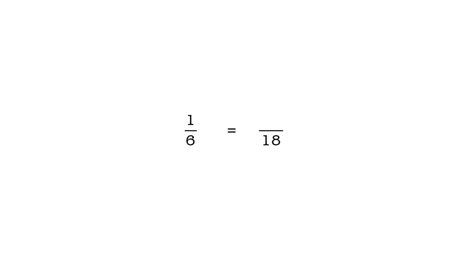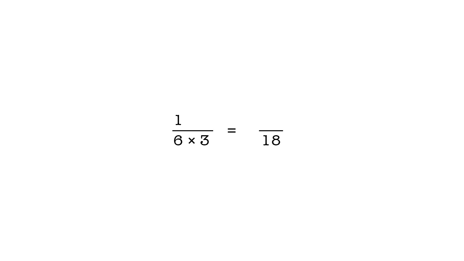One last example. Here, we want to find a fraction with a denominator of 18 that is equivalent to 1/6. First, we want to determine what number we need to multiply 6 by to get 18. We know that 6 times 3 is 18.